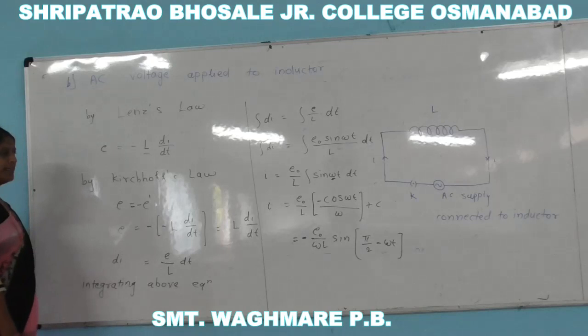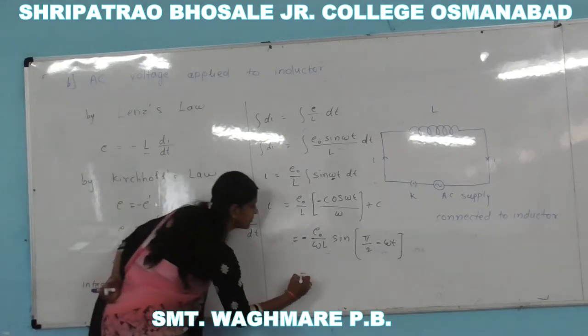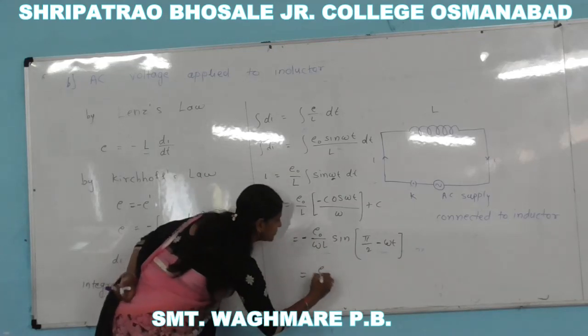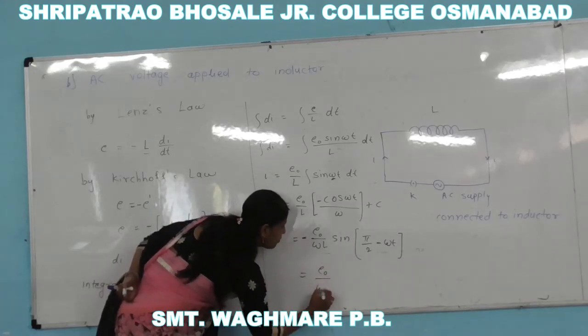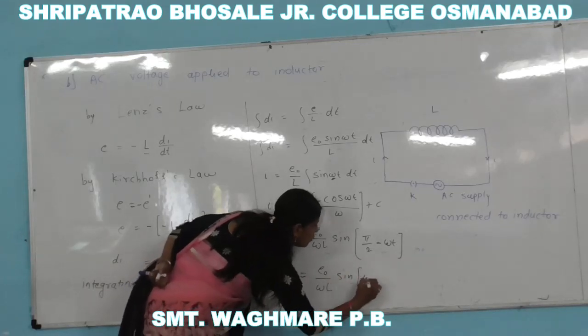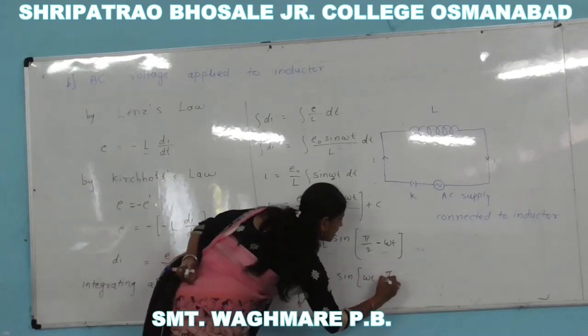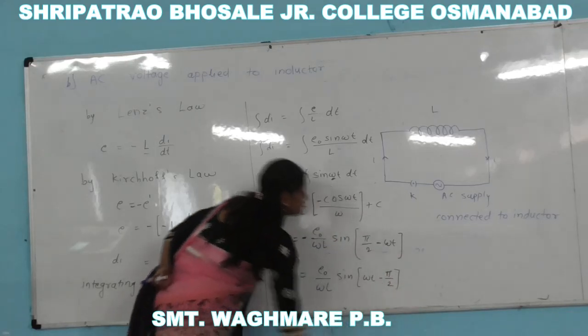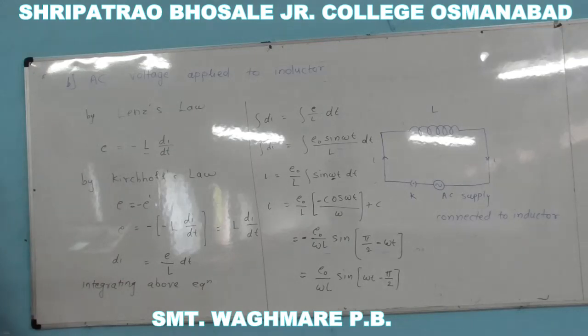Multiplying this minus sign into the bracket, we get E naught upon omega L, then sin of omega t minus pi by 2.